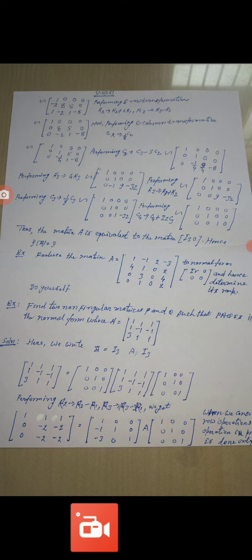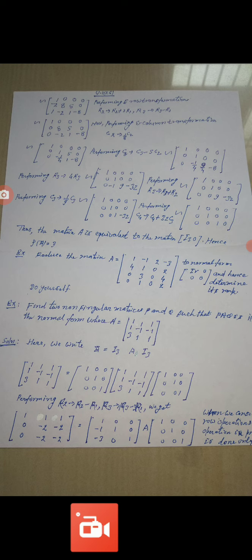Here performing R2 as R2 plus 2R1 and R3 as R3 minus R1, and this is equivalent to 1 0 0 0, 0 8 5 0, and 0 minus 2 1 minus 8.